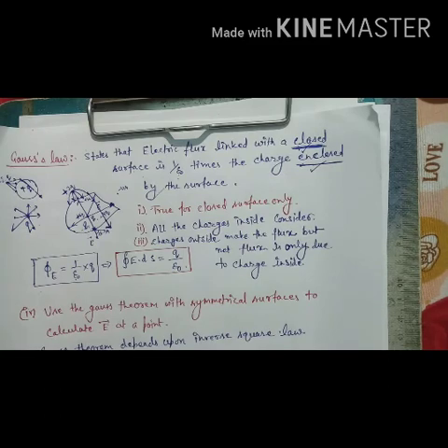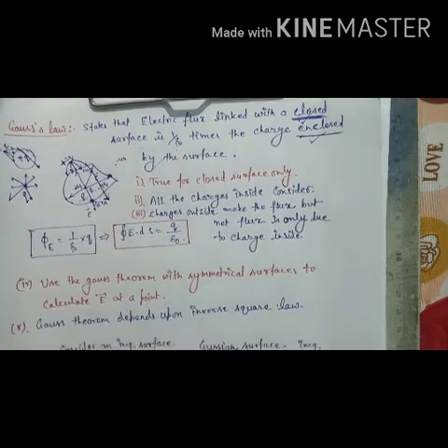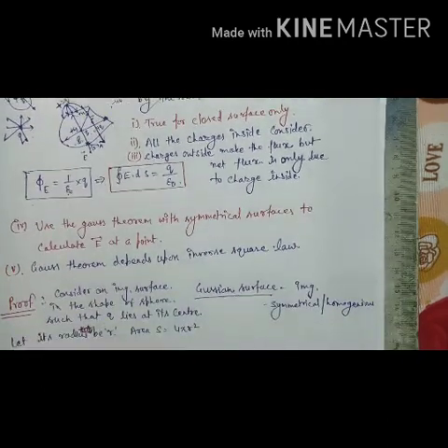Another point: Gauss theorem is used with symmetrical surfaces to calculate the electric field at a point. Later on we will discuss this point. And another is that Gauss theorem depends upon the inverse square law. It is very important.